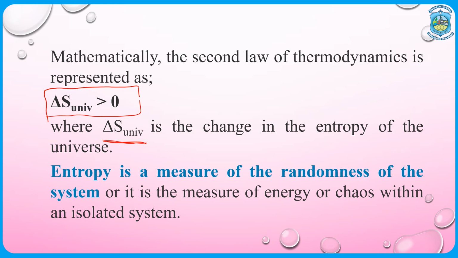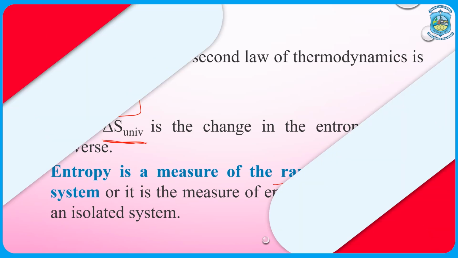Entropy is the measure of randomness of the system. We can also say it is the measure of the energy or the chaos, the disturbance which is there. The higher the value of entropy, the more spontaneous the reactions would be, because every system in nature wants to achieve stability. So from randomness or disorderedness, they want to achieve the ordered situation.